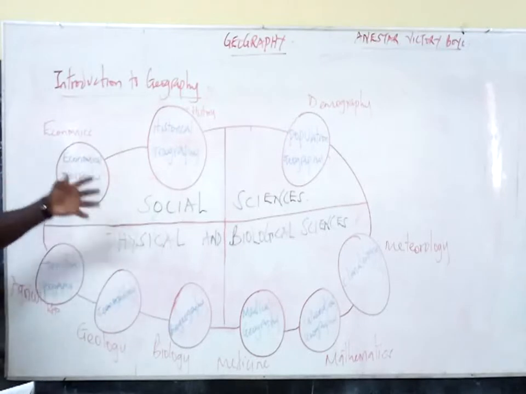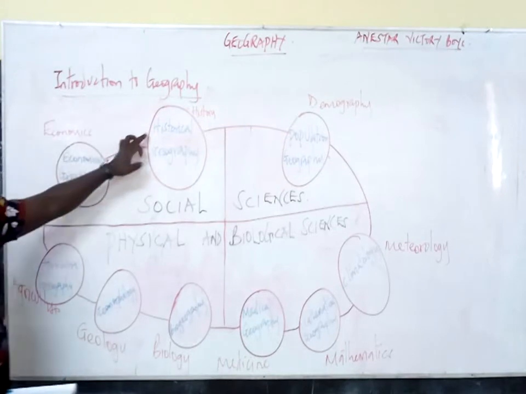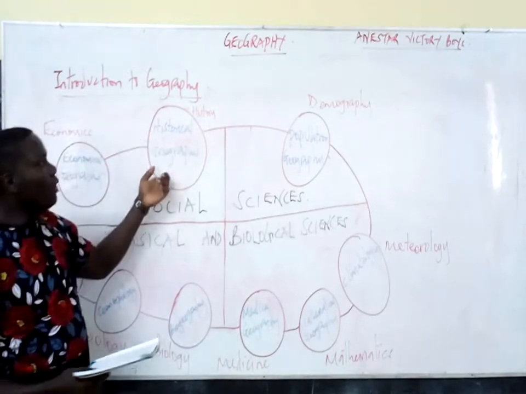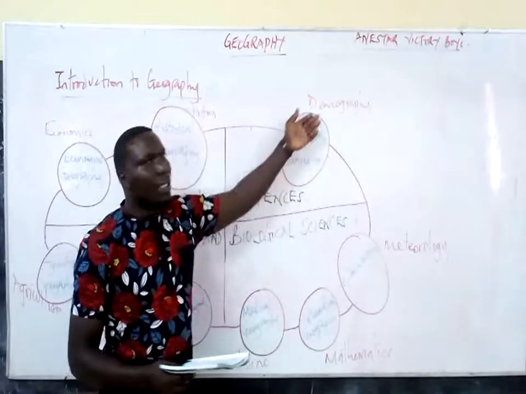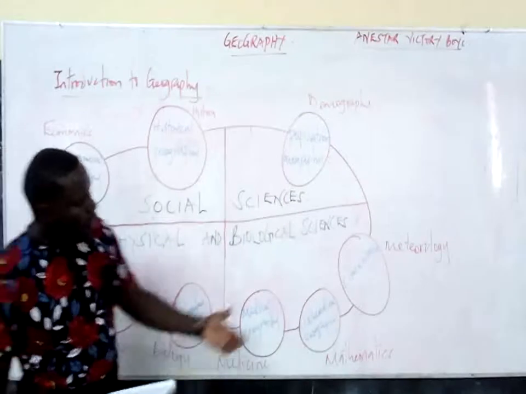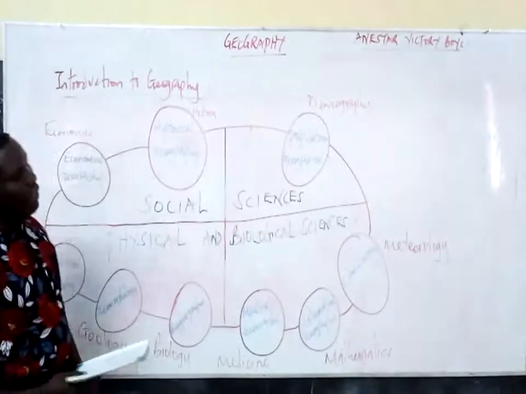This sums up what we have been discussing so far. As you can see from the diagram, we have economic geography, the relation between geography and economics. Also, we have historical geography, the relation between geography and history. Also, we have population geography, which is demography. Also, we have meteorology, which is climatology, the relation between geography and meteorology.